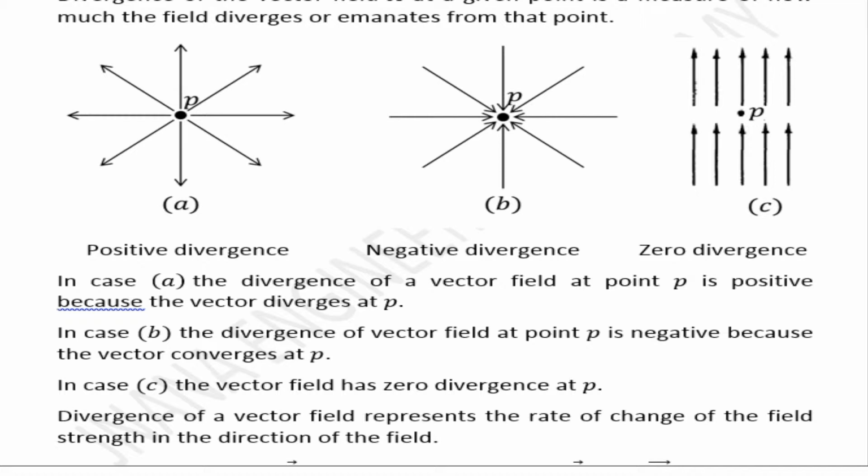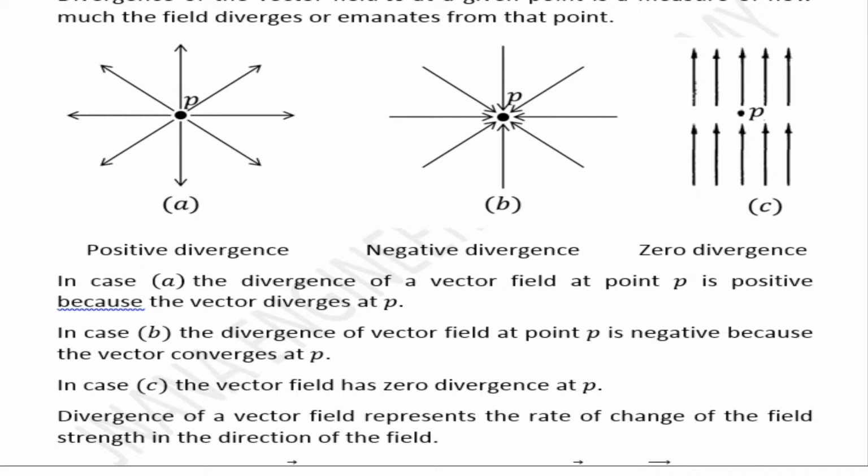In this case, the vector field will be coming to that point and also going out from that particular point. So the resultant divergence we consider as a zero divergence.